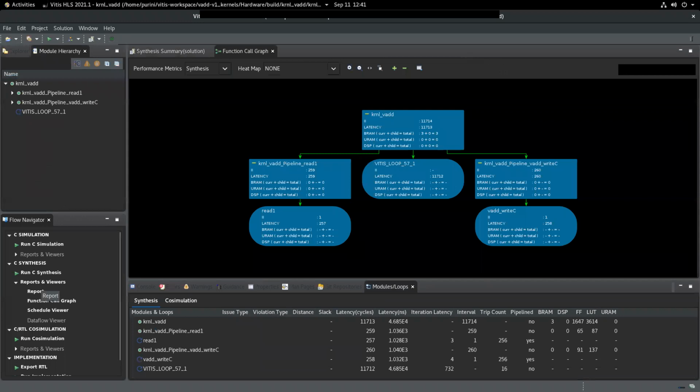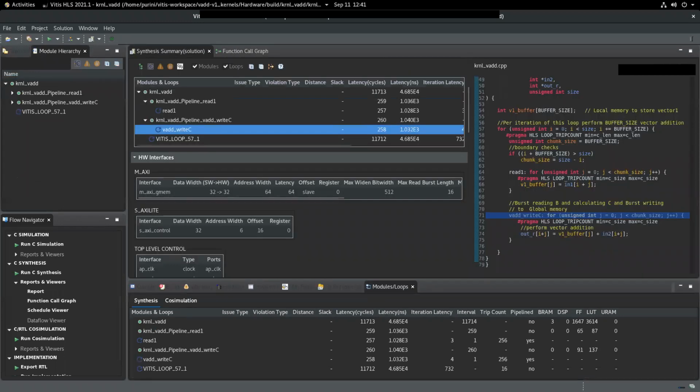One thing I'm not able to understand from this, I tried, but maybe some of you might be able to help me out. In the code that we have, the first loop latency is about 260 clock cycles, and the second loop's latency is also around 266 clock cycles.